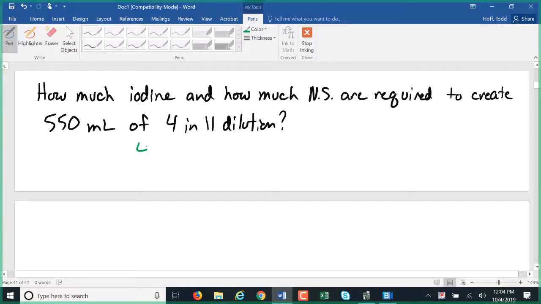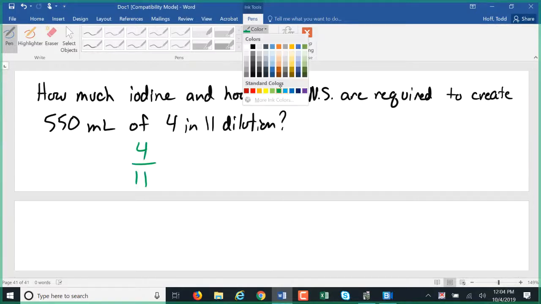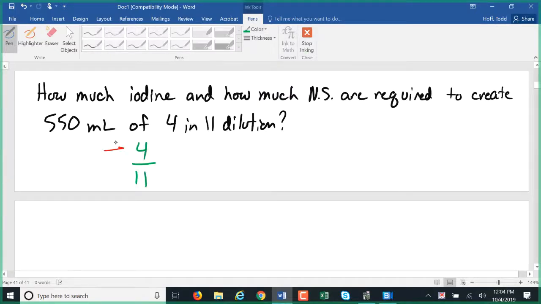Well, we have a 4-in-11 dilution. 4 is the serum, in this case the iodine. The 11 is total solution.